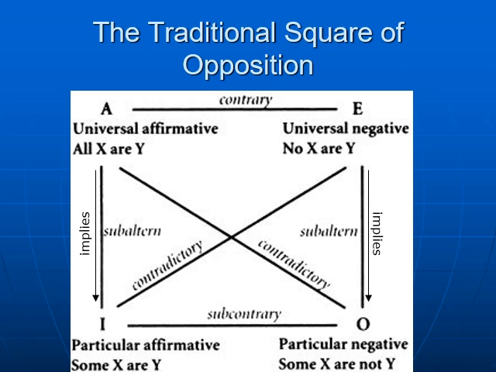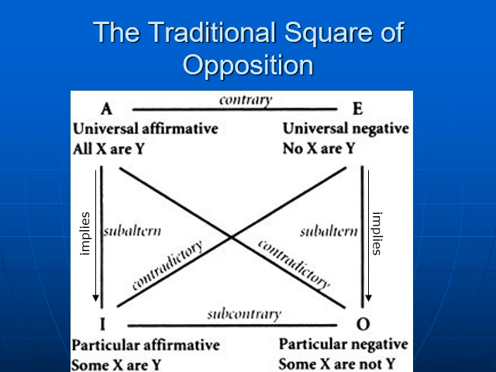Notice we've got these important logical relations all represented in this fairly simple diagram. What the diagram does is it represents what we can call immediate inferences. An immediate inference is one that can be conducted going from a premise to a conclusion without any intermediate step.